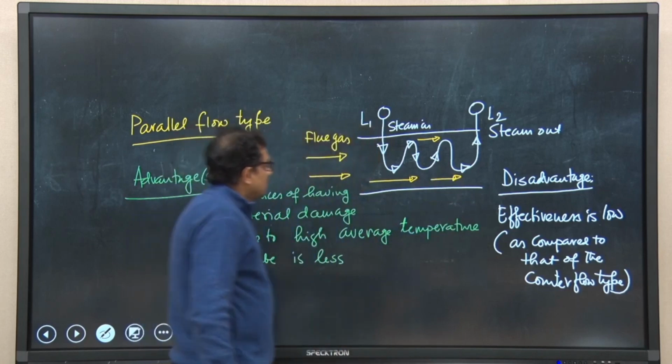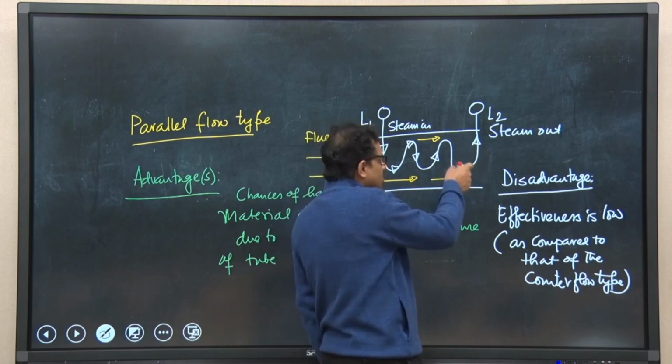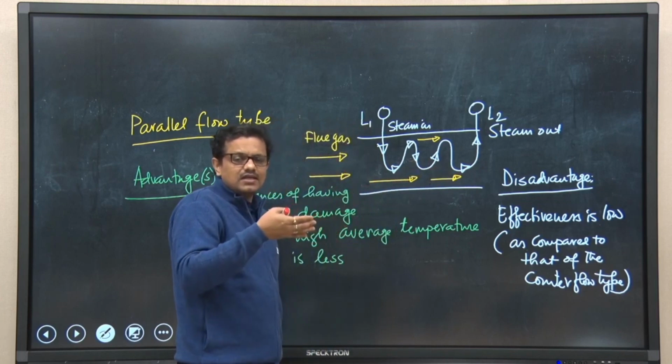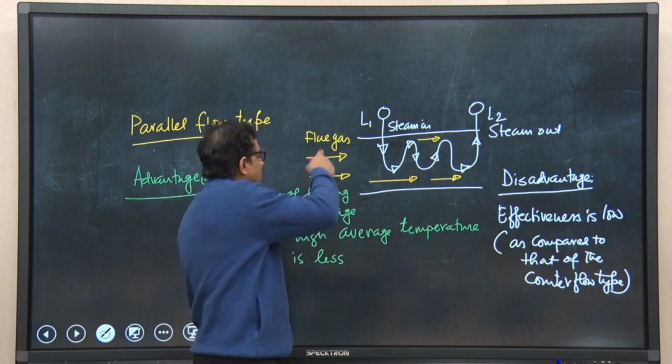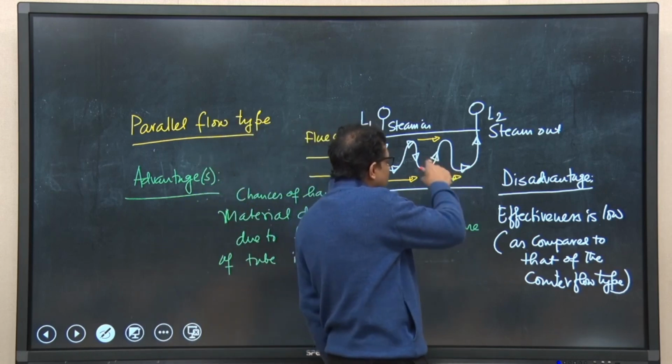But when the steam is coming at section L2, though steam has acquired temperature in the course of flow from the flue gas stream, flue gas has already lost temperature.